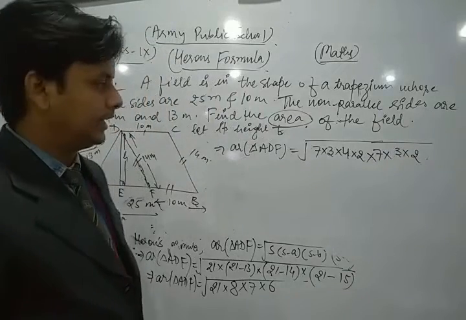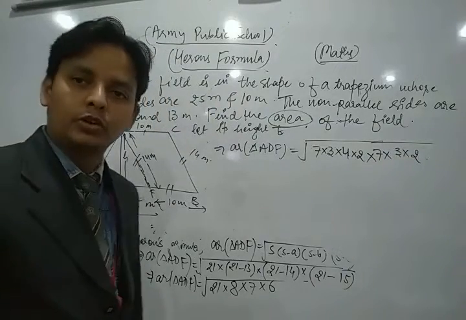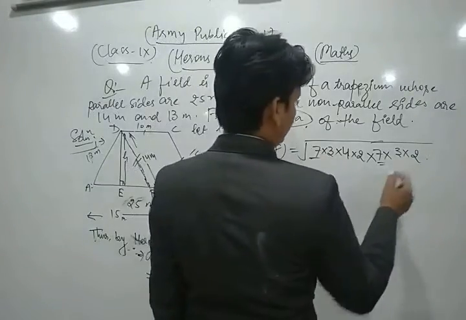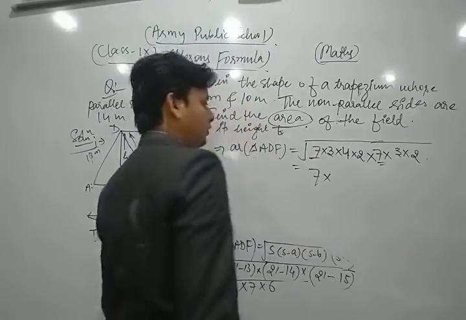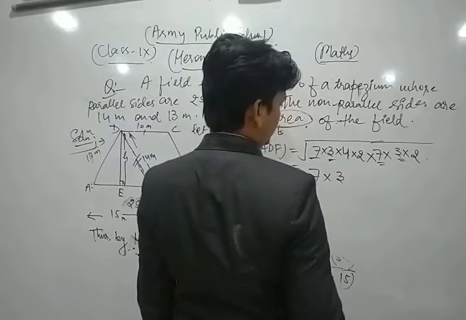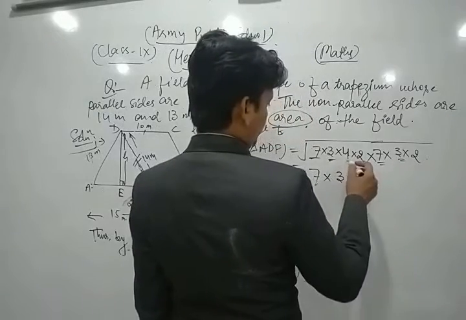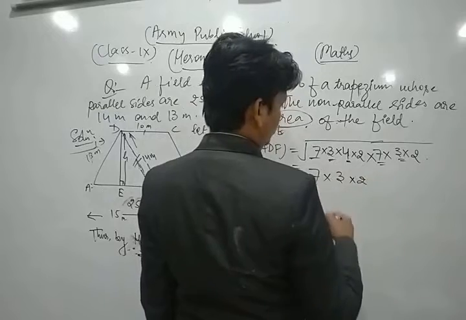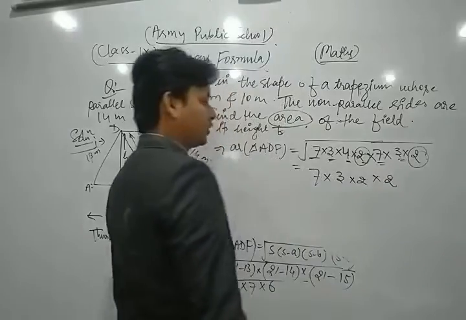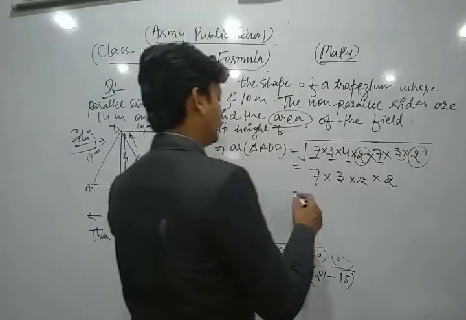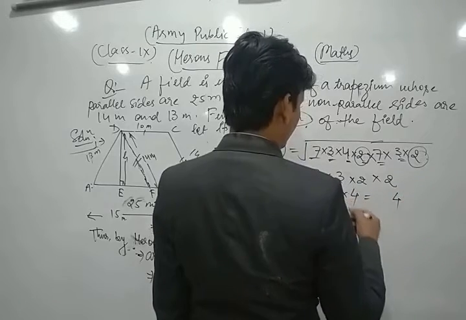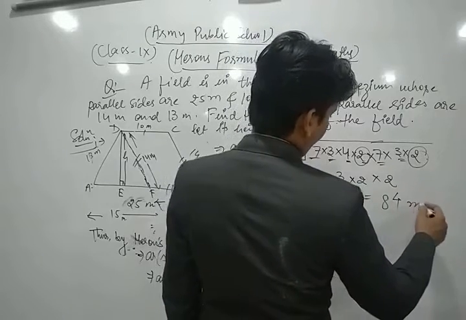Now any number that is in a pair under the square root, one number comes out of the square root. So 7 is in pair, so 7 comes out. 3 is also in pair, so 3 comes out. The square root of 4 is 2, and 2 is also in pair, so 2 comes out. So 7 3s are 21, 2 2s are 4, 4 1s are 4, 4 2s are 8. This is 84 meter square.